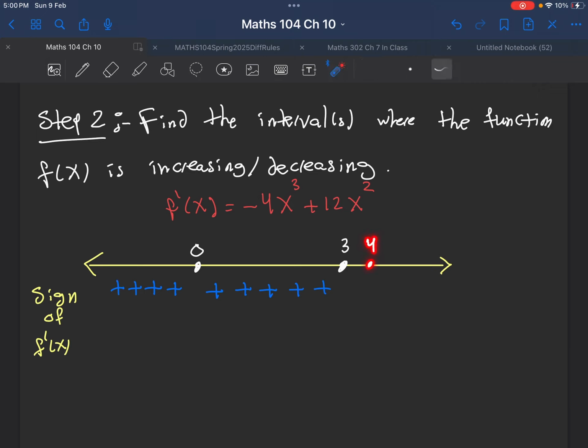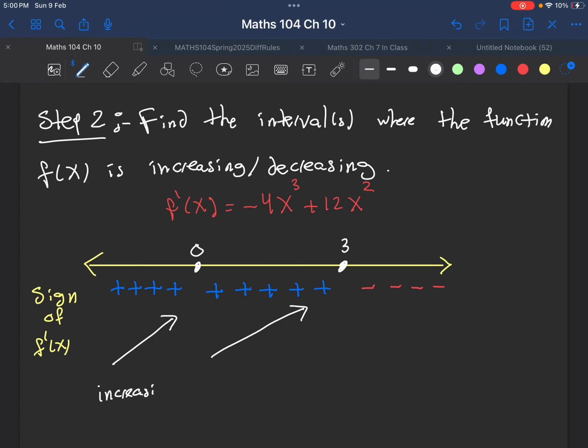Finally, choose any number in this area. I will choose 4. So you substitute 4 and you substitute 4. And here the answer will definitely be negative. So it will be minus, minus, minus, minus. So what happened is, if it's positive, it means the function is increasing.